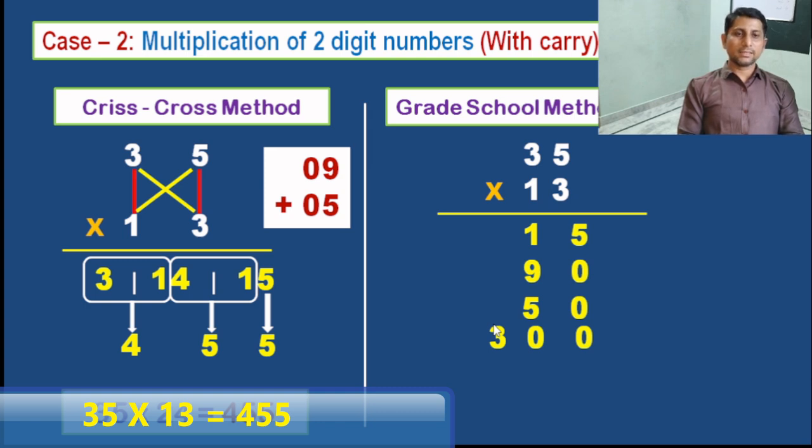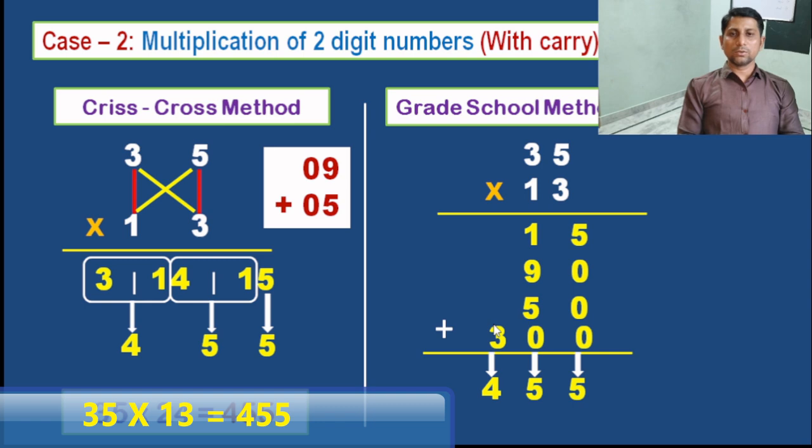Because 1 is at the tens place, so 10 into 10 is 100. So it should be in the hundreds place, or 30 into 10, we will get 300. Then add all these numbers, we will get the same answer, 455. Multiplication of 35 into 13, we will get an answer 455.